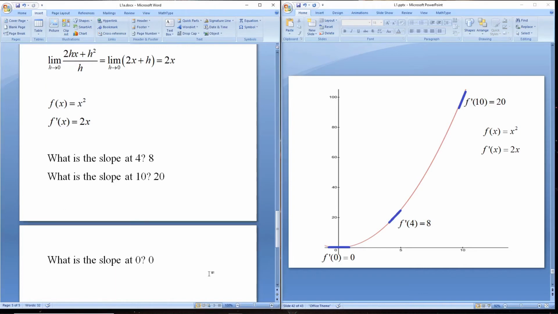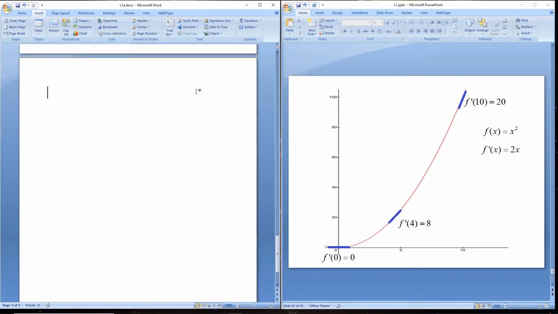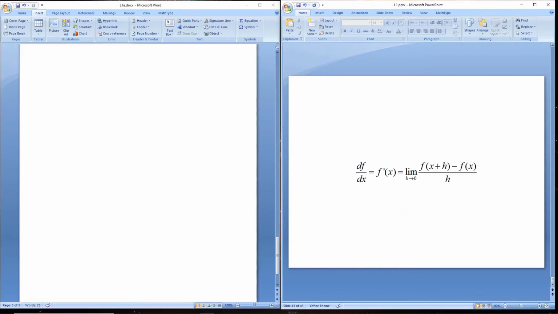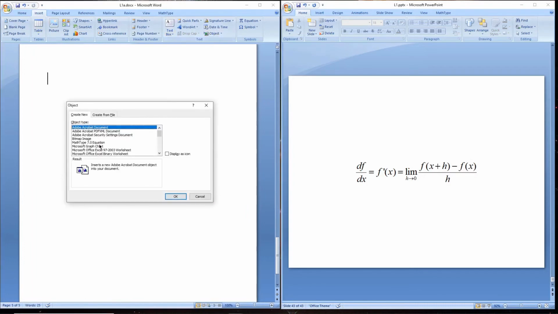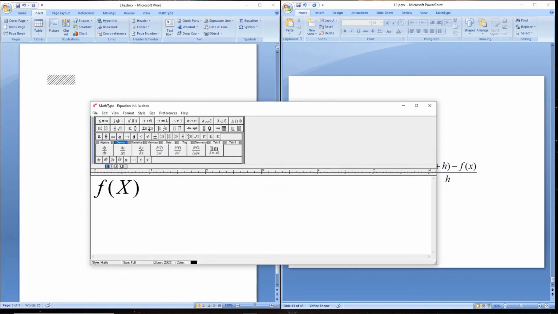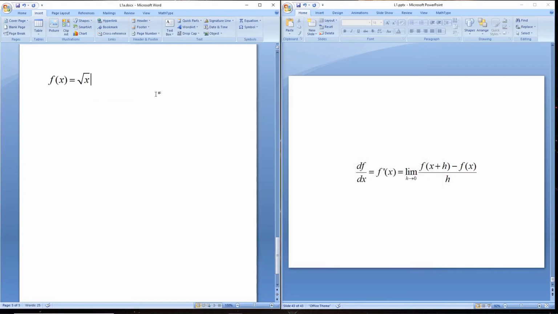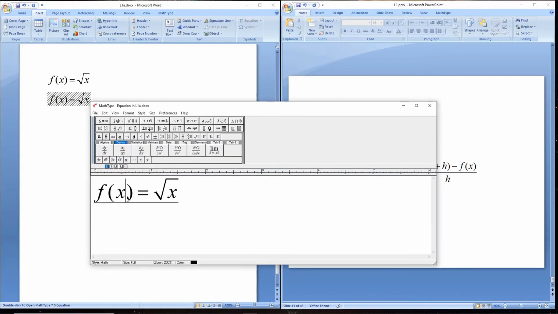So let's check out another one. How about the square root of x? Now in using our limit here, we also need x plus h in here. So let's just plug x plus h into the function, and then we get the square root of x plus h.